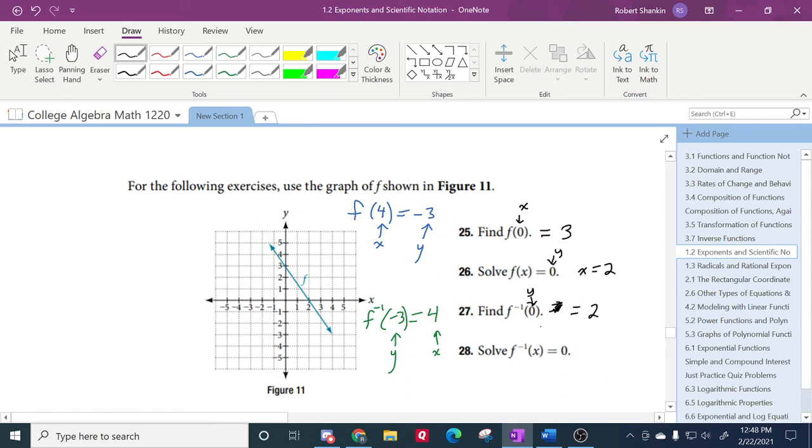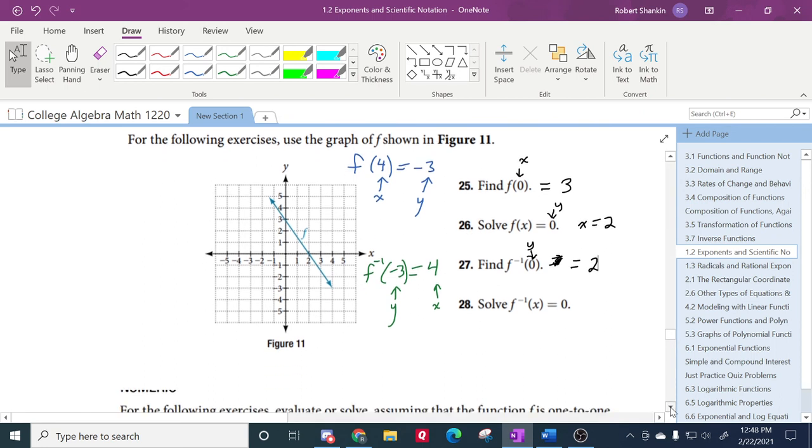And now notice, solve f of x equals 0. Let me show you that equation. Let me come down just a touch here. Solve f of x equals 0. This tells you f of 2 is equal to 0.